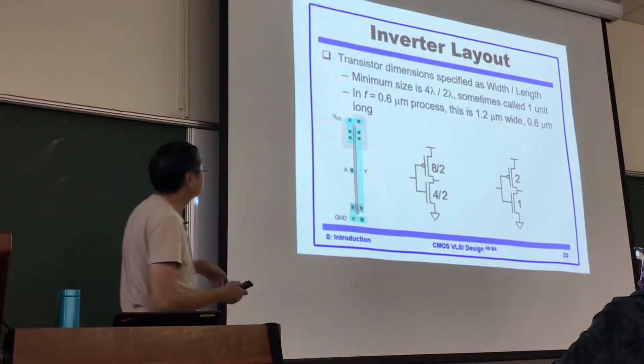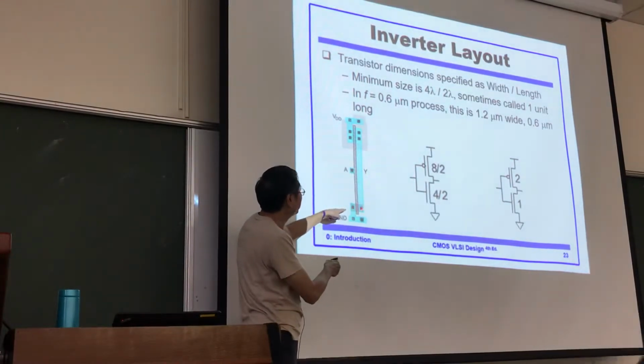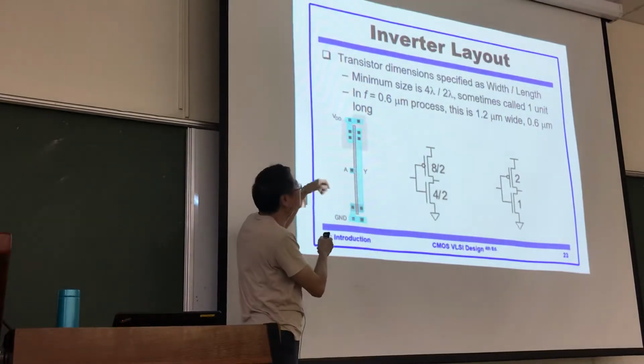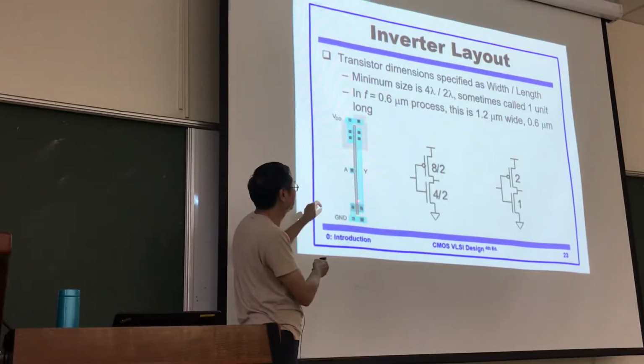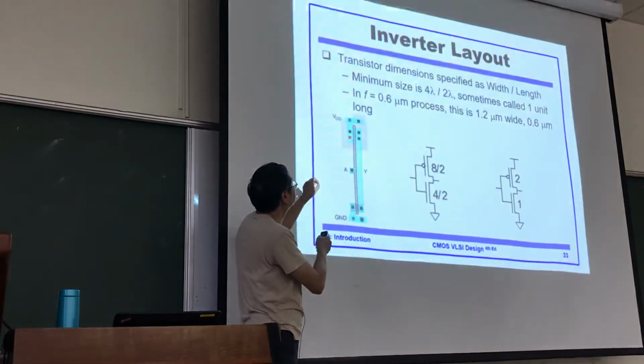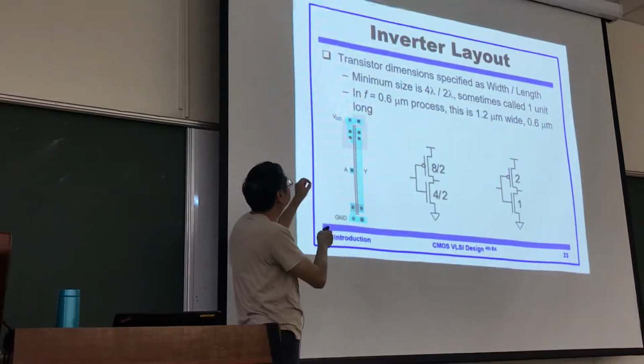You might wonder about the contact, the black bar here. If your diffusion is wider than the minimum width of the diffusion, it's going to be a rectangle for the contact, but indirectly it's going to be cut into several black bars.